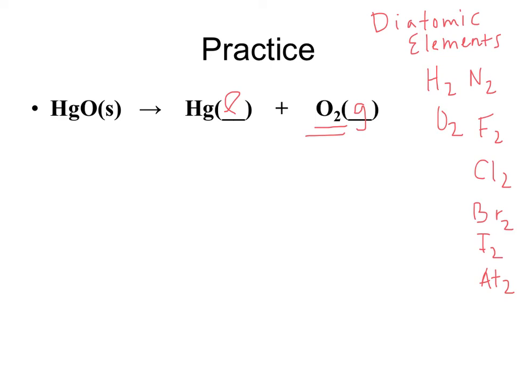So let's write this up. We have mercury oxide. If you remember, mercury is on that list of multiple possible ions. So we have to figure out our charge on our oxygen. O falls in group 6, which means it has 6 valence electrons. So it's going to take 2 more to get to 8. So this is going to be a 2 minus charge, which means mercury has to be 2 plus.